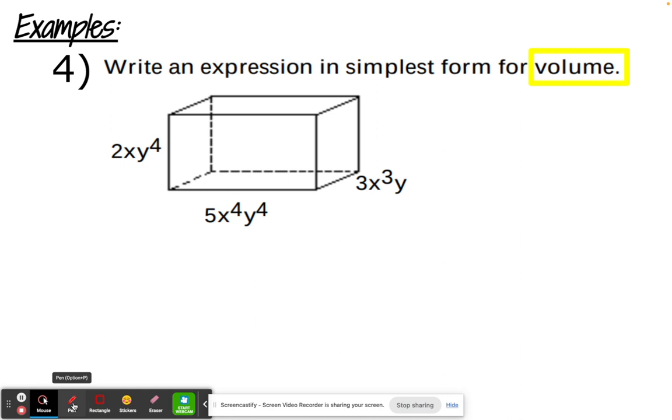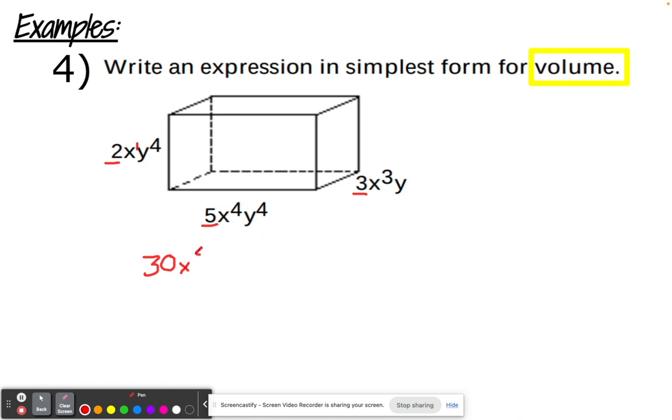Okay, how about volume? Well, volume, if you recall, we multiply all of our length times width times height. So here I have 2 times 5, that's 10, times 3 is 30. Then I have my x's, and I have 1 here, invisible 1, plus 4 is 5, 6, 7, 8.